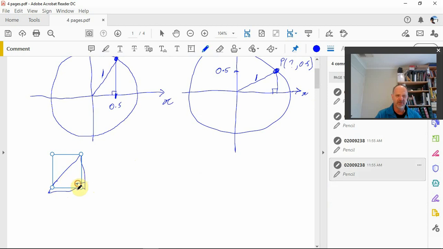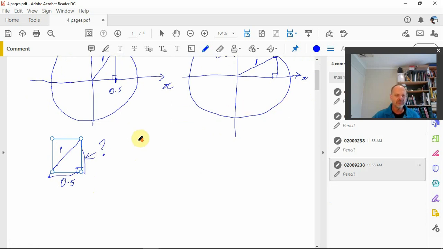That's a bit ugly, but anyway, that's 1, that's 0.5, and then what's that length there? If we use Pythagoras, and I'll call that length A, okay? So we know that A squared plus 0.5 squared is equal to 1 squared.